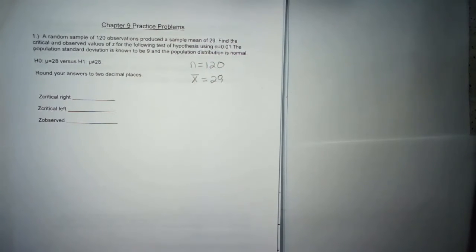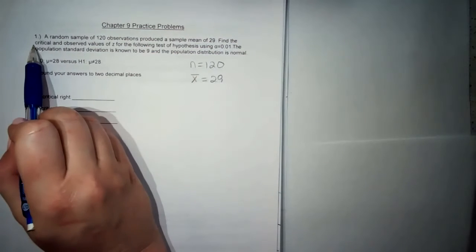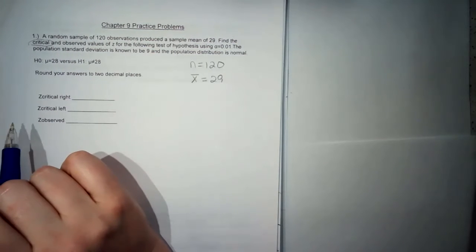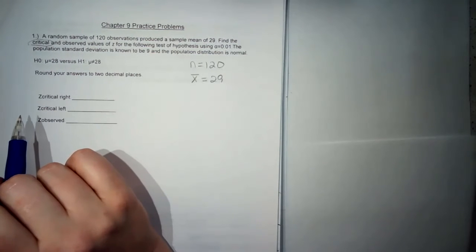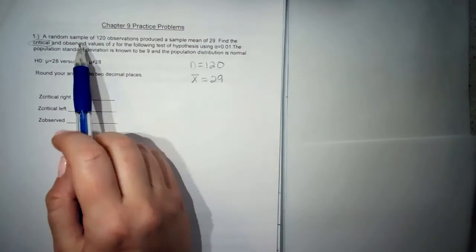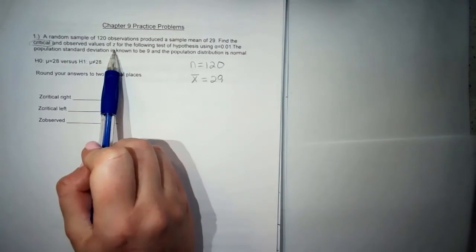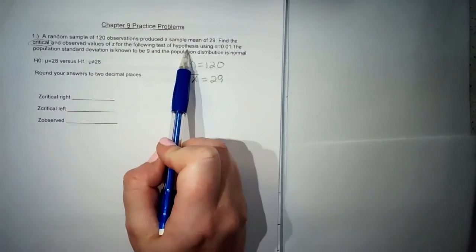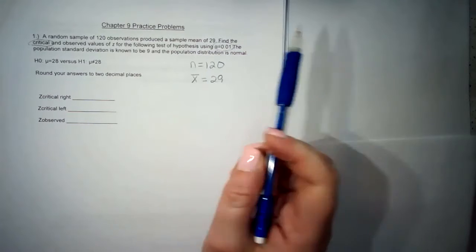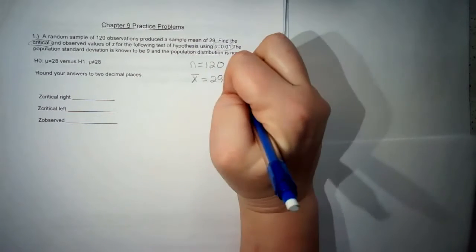You have to know what these symbols are: what is X bar, what is sigma, what is Z. You have to be able to figure this stuff out. Okay, find the critical and observed values of Z, so critical value approach. That told me that. For the following test of hypothesis, using alpha equals 0.01.